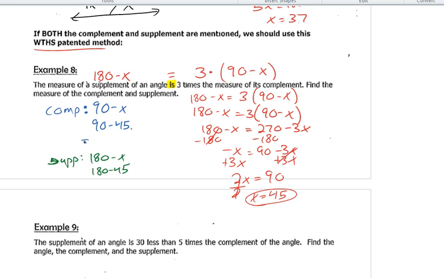So complement's equal to 45 degrees, supplement is equal to 135 degrees. So again, first part is picking out that keyword of is. Second part, go through, pick out what you know. Measure of any supplement. Some unknown supplement is 180 minus x. Complement is 90 minus x. Those are the hard parts. Then you have to fill in the extras.